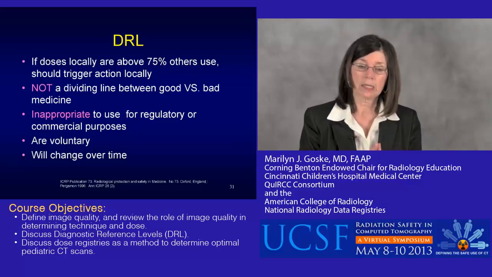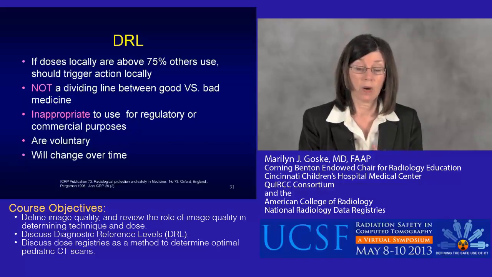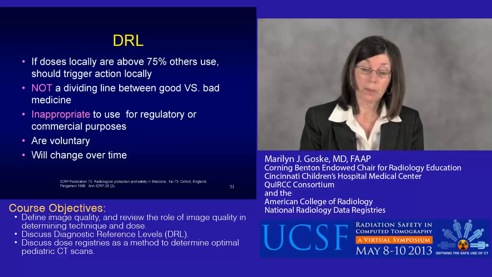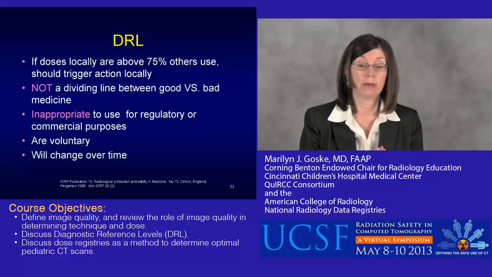And on the next slide, it tells us that DRLs should not be viewed as a dividing line between good or bad. Sometimes there's a reason why there's an increased radiation dose that's well justified. It's also inappropriate to use the DRL for regulatory or commercial purposes.